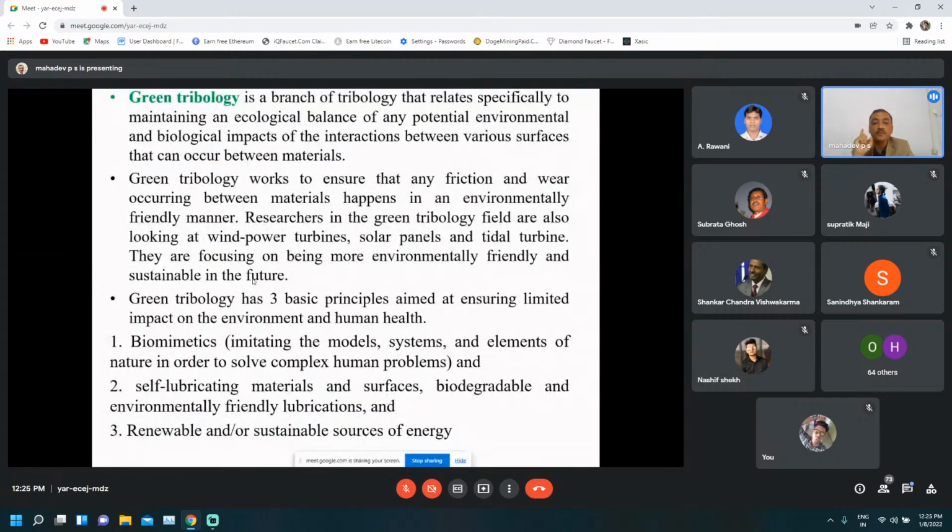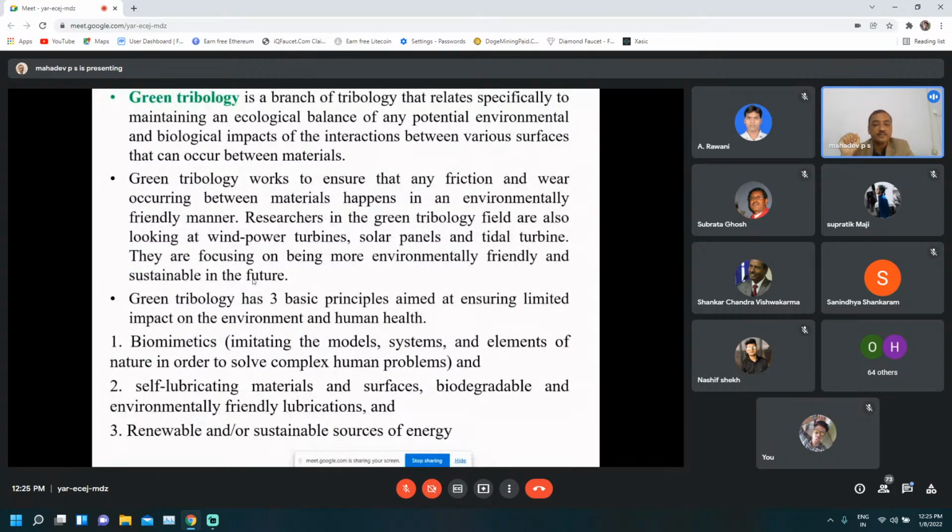One is biomimetics. Biomimetics means bio means living, imitating the living models. I mean copying or duplicating living organisms, something like copying from some birds, mammals, animals, and elements in nature to solve some complex human-related problems.